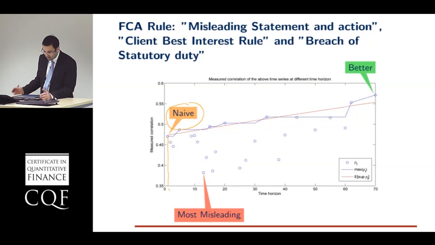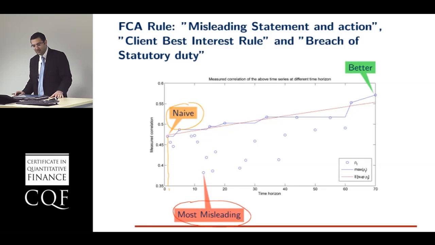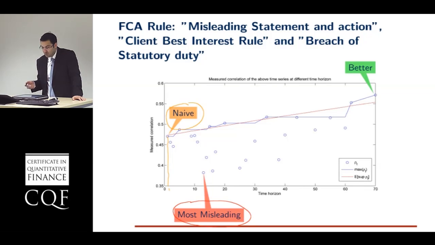The worst thing that you can do, and this is why it is in red here, the most misleading thing that you can do, is to ask one of your quants, dear quant, please return me the minimum correlation possible. I really need to show a very low correlation to these clients. They're not convinced that they will have a more diversified portfolio.